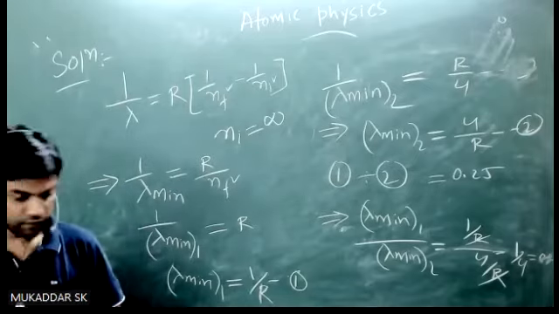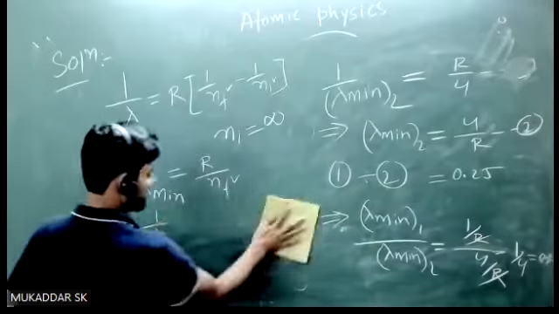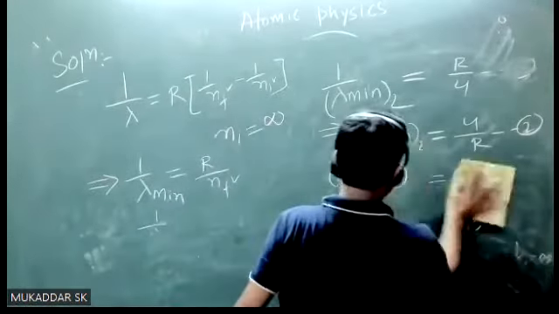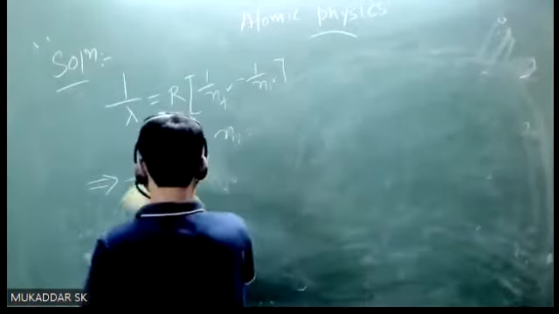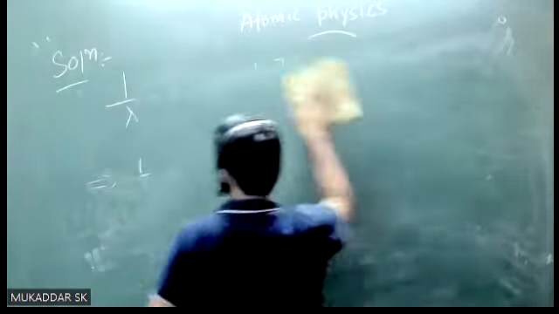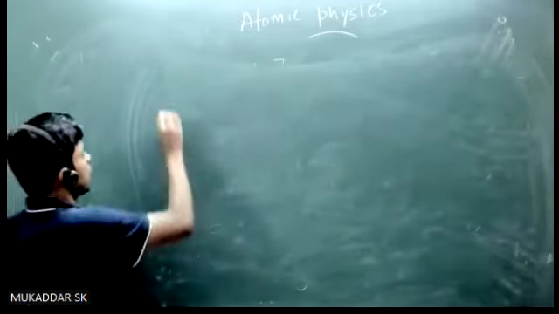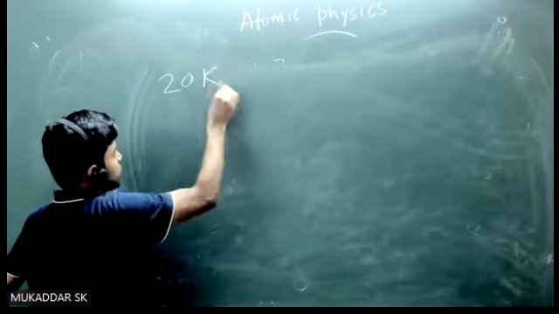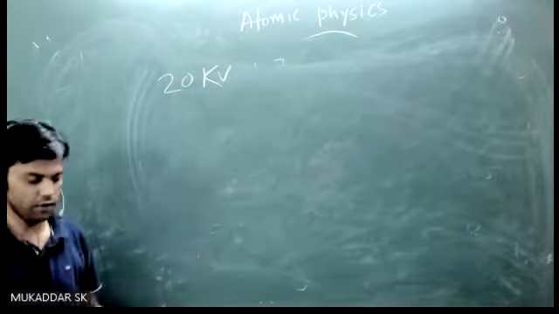The potential difference across X-ray tube is 20 kilovolt.